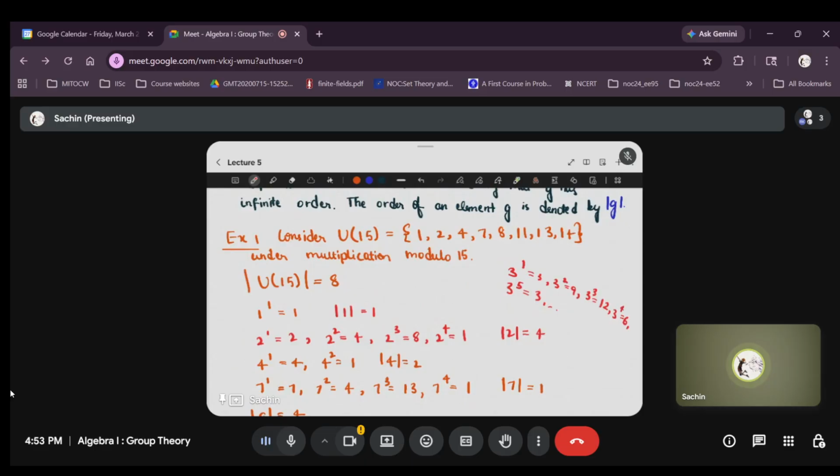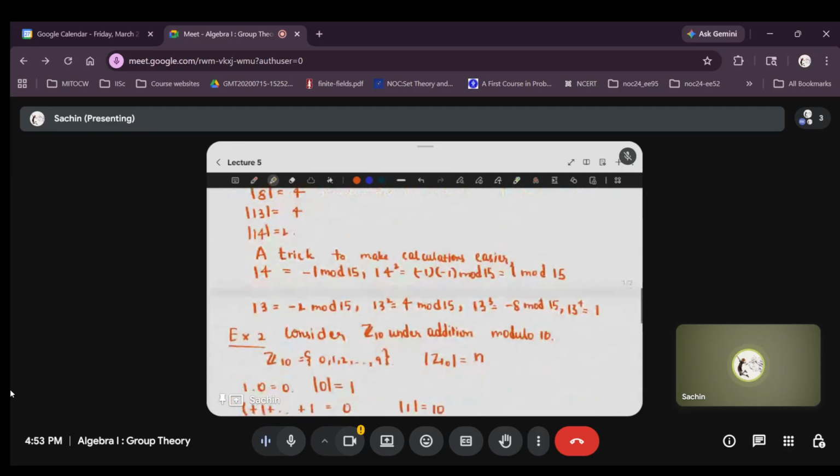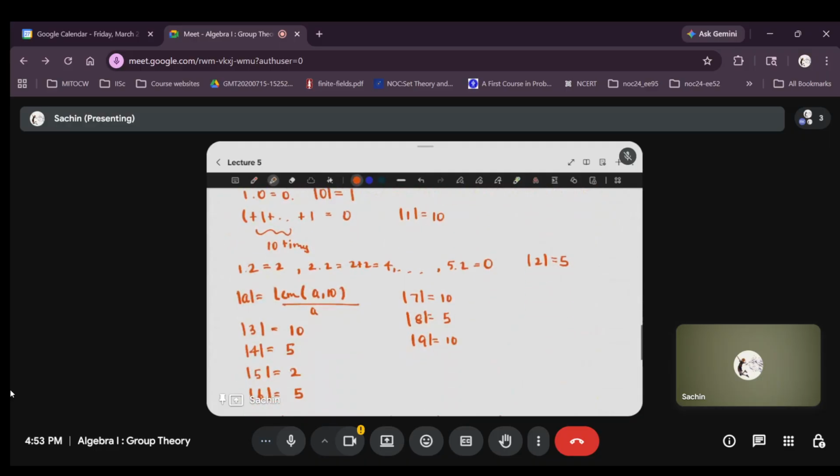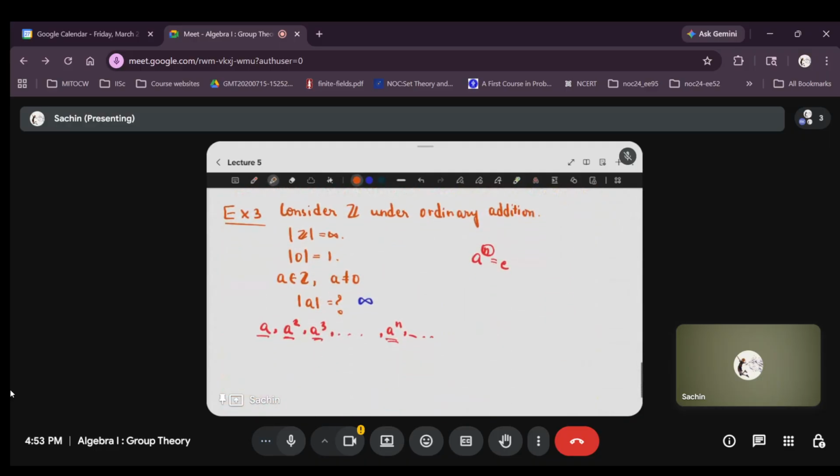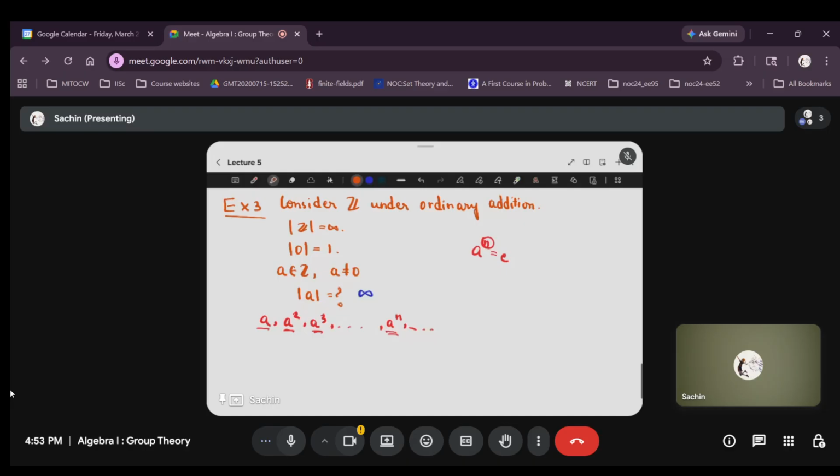So it was repeating like this. So if they repeat, then that is not an infinite set, right? But how is that related to this condition?